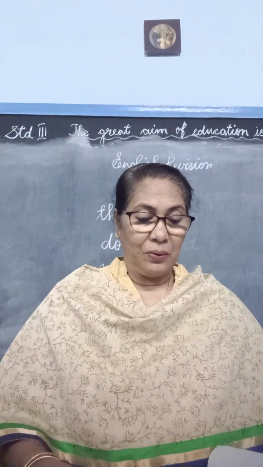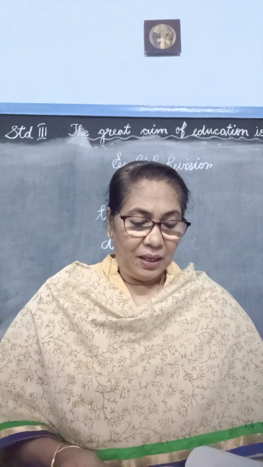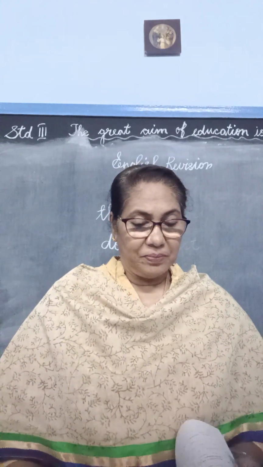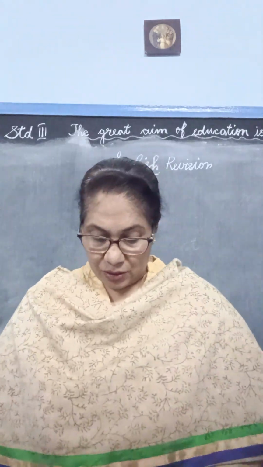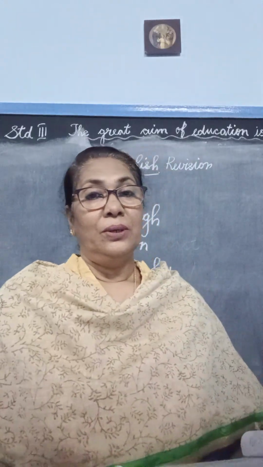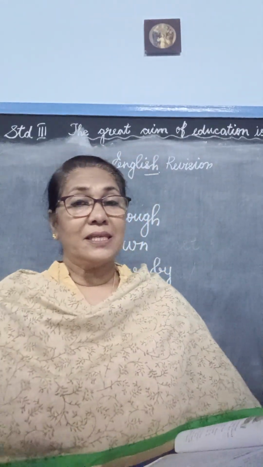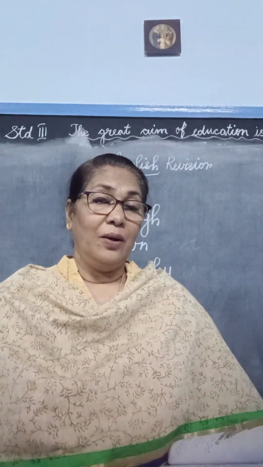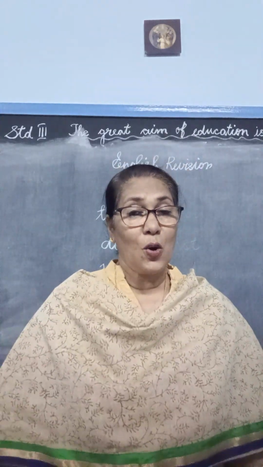Okay. So the question answers you have to go through, and also you have to learn the opposites. That means antonyms. Opposites means antonyms. Young. What will be the opposite of young? Old.